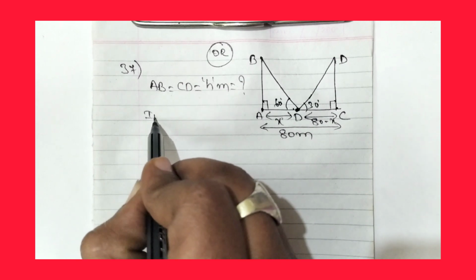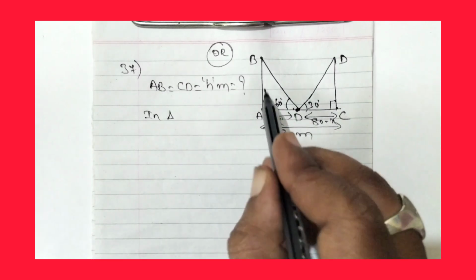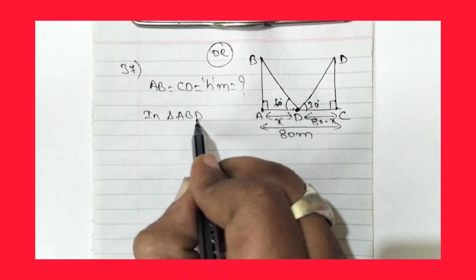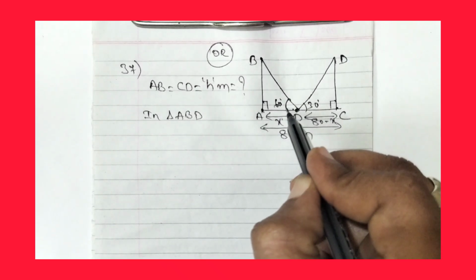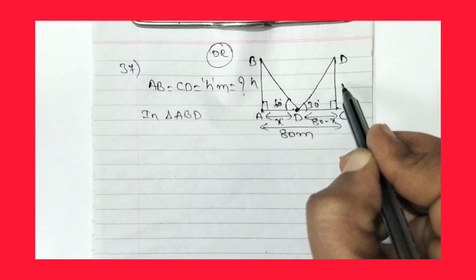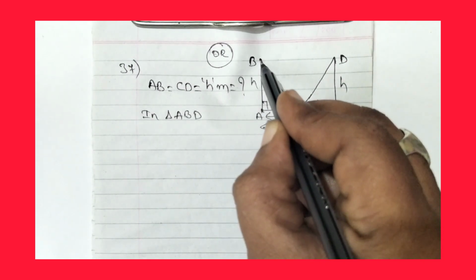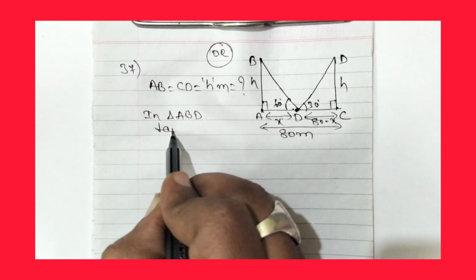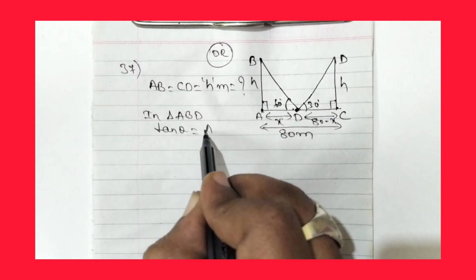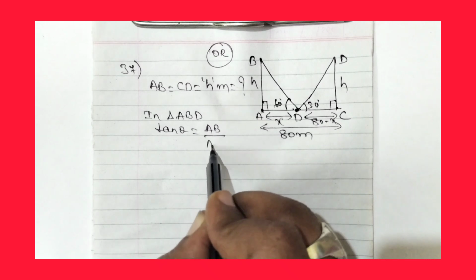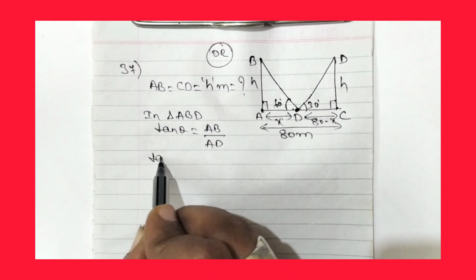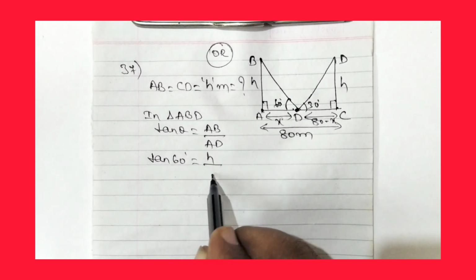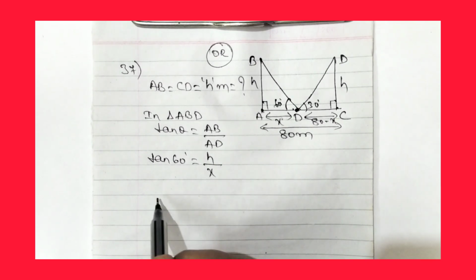Now in triangle ABD, if this is theta, this is h meter, and this is opposite and this is adjacent. So tan theta is equal to opposite, which is AB, over adjacent, which is AD. Tan 60 degree, which is root 3, is equal to AB, h meter, divided by AD, x meter.